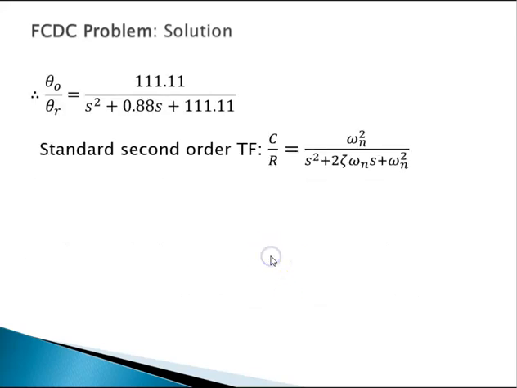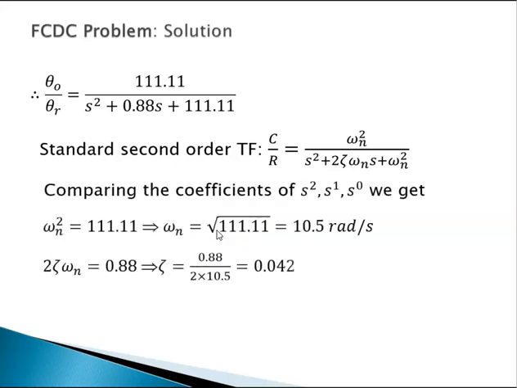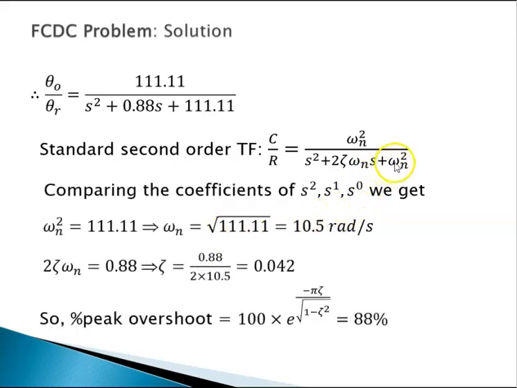This transfer function we will compare to the standard form, output by input, omega n square by s square plus 2 zeta omega n s plus omega n square, and compare the coefficients of s square, coefficient of s, and the constant term. If you compare the constant term here and the constant term here, here you have omega n square, here 111.11.